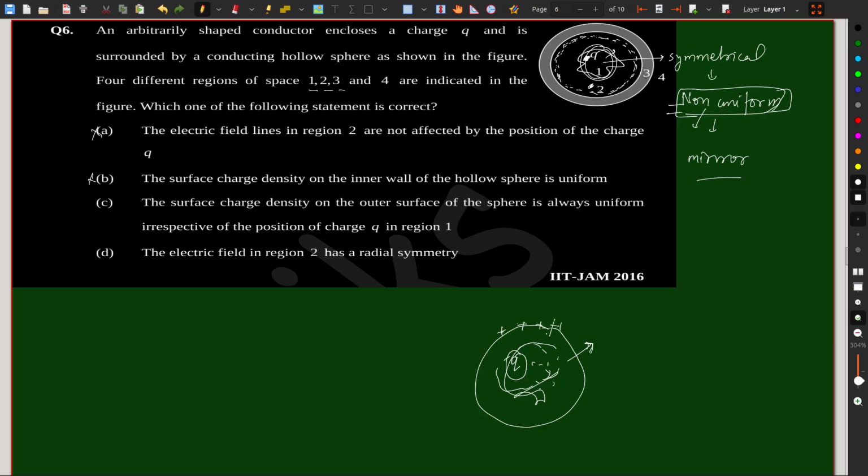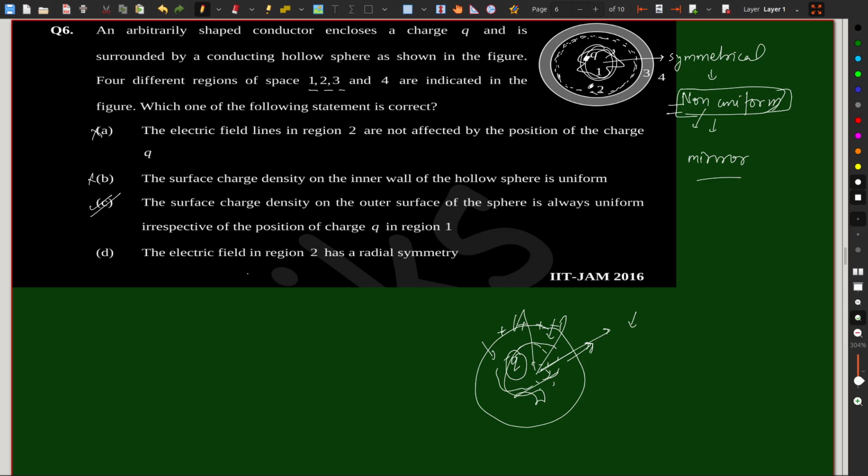This only depends on how much charge is enclosed, and that charge produces electric flux, and due to that a positive charge will be uniformly distributed over the surface. So for the outer surface, the net charge inside is the only factor. So C is the correct option.